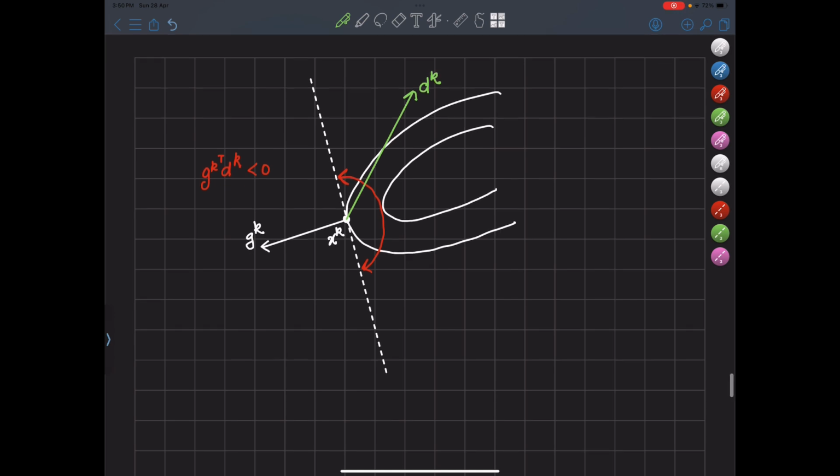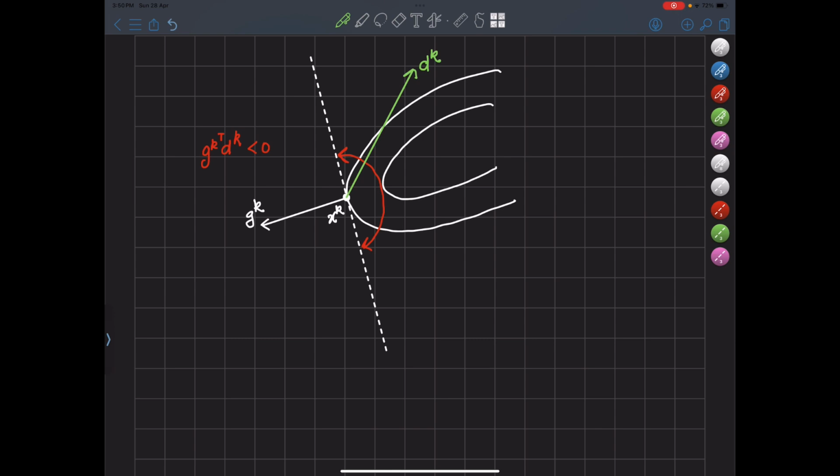The descent direction set is the set of all possible directions that can be a descent direction at the given point: d belonging to R^n such that gk transpose dk is less than 0, where gk is the gradient of f(xk). So this is the meaning of what a descent direction is.